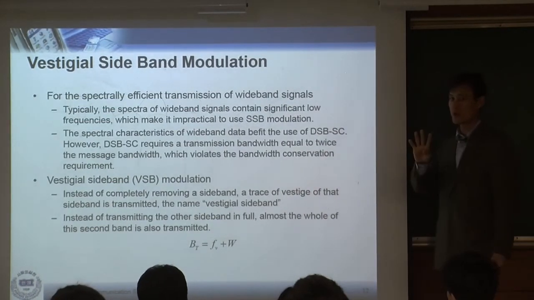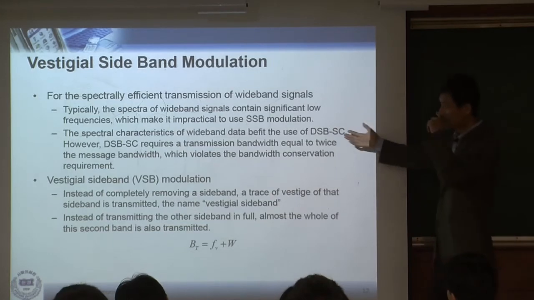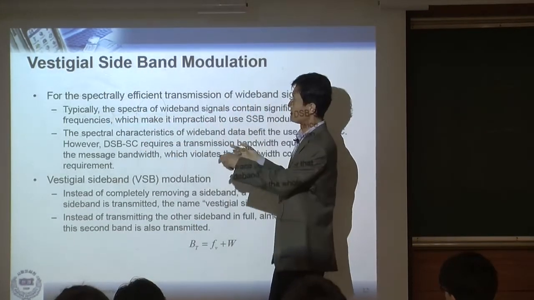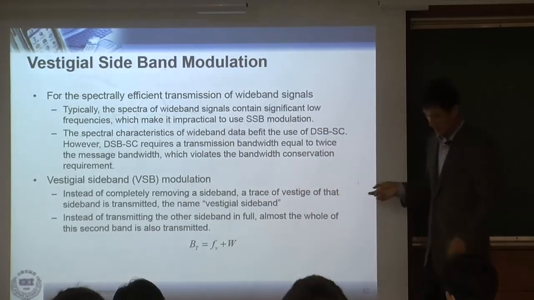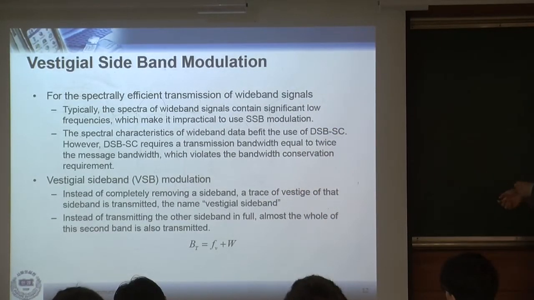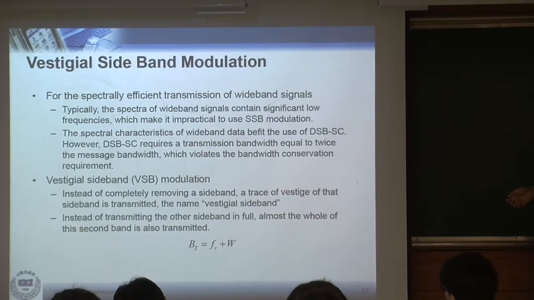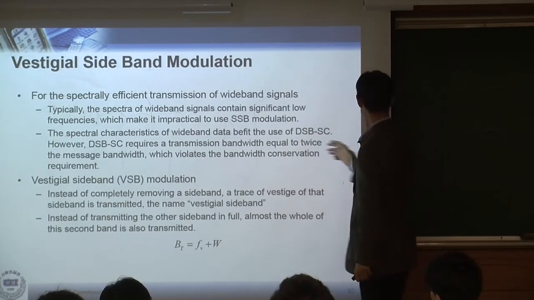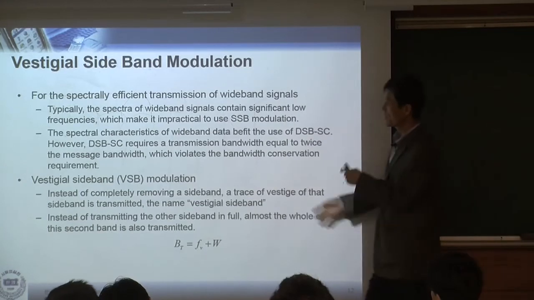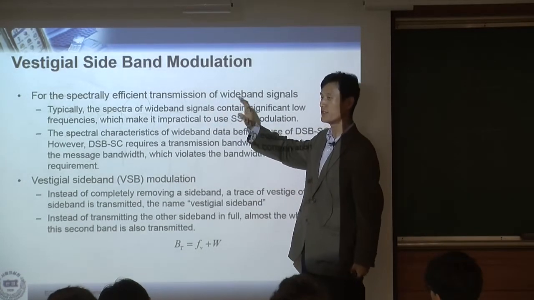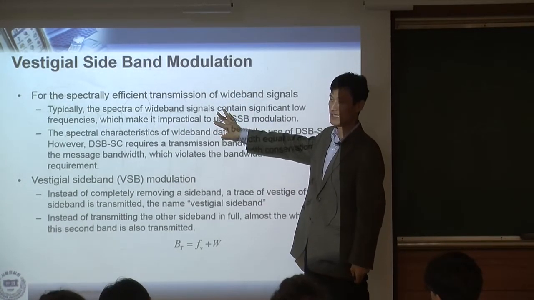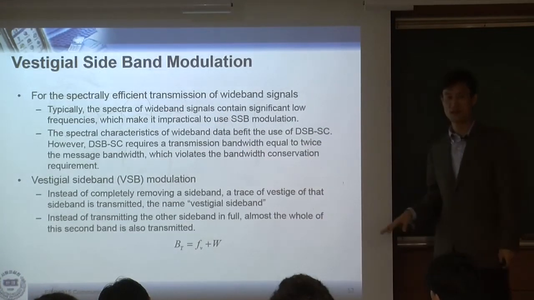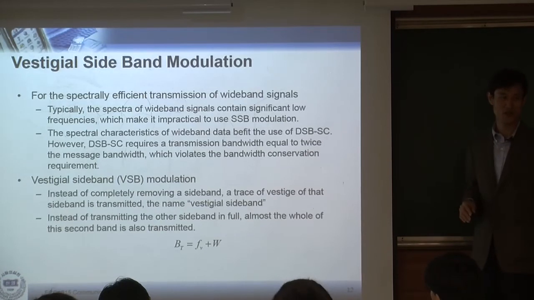Now this is the fourth one, last thing. We call it VSB, vestigial sideband. Okay, that's the last thing. And here's the idea. By the way, this vestigial sideband is only used in analog TV. We are not using analog TV anymore, right?